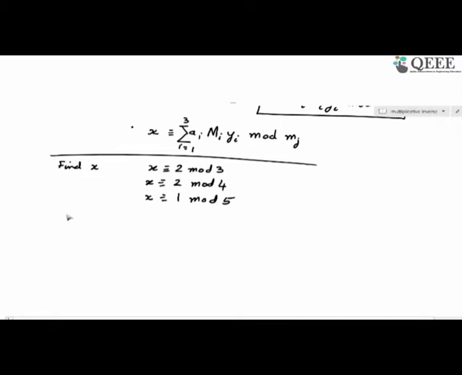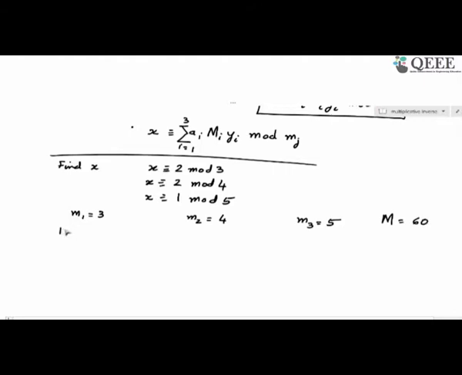We will first define m1 equal to 3, m2 equal to 4, and m3 equal to 5. Now by our definition, we compute the capital M to be 3 into 4 into 5, and that is equal to 60.